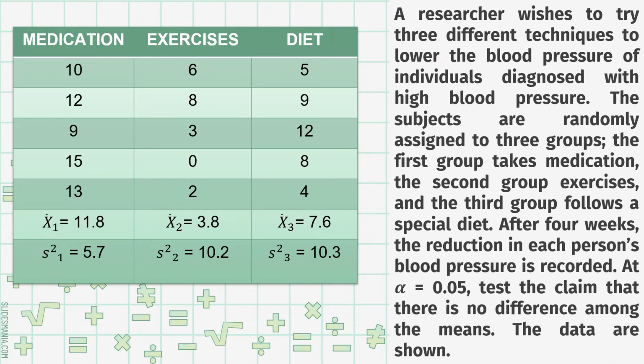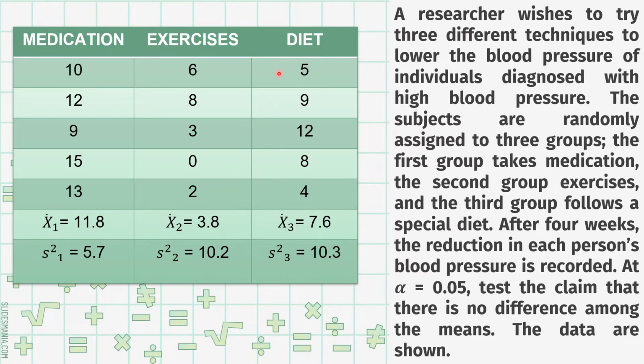For the medication group, the reductions in each person's blood pressure are 10, 12, 9, 15, and 13, and the mean is 11.8, and the sample variance is 5.7. For the exercise group, the reductions are 6, 8, 3, 0, and 2, and the mean is 3.8, and the sample variance is 10.2.